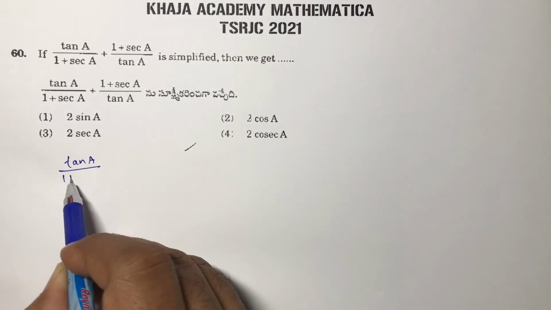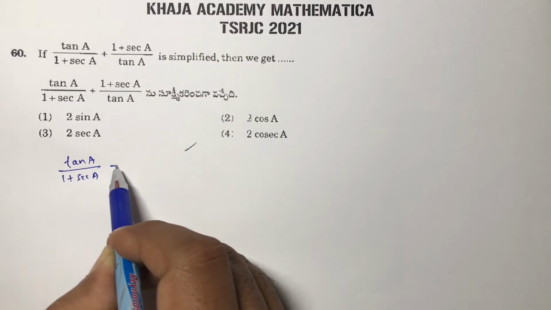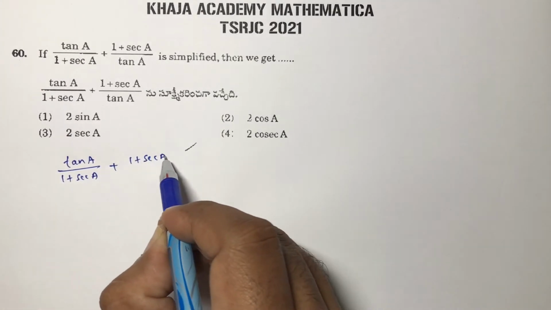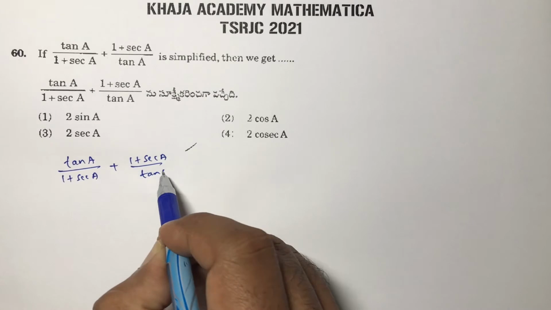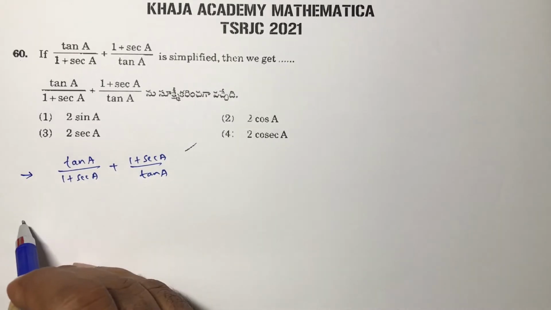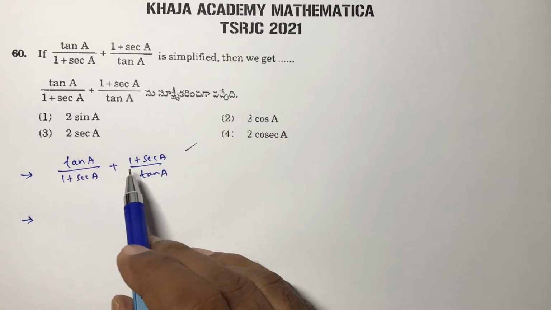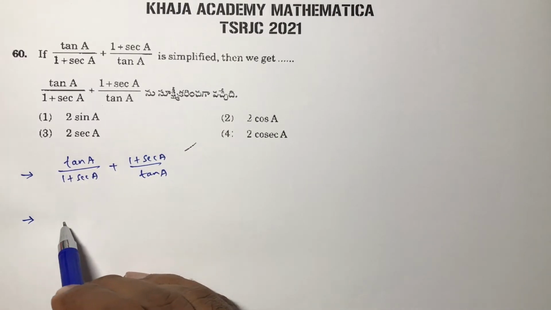Tan A by 1 plus sec A plus 1 plus sec A by tan A. You can do this problem by directly taking LCM, or otherwise change everything in terms of sin and cos. So take directly LCM.